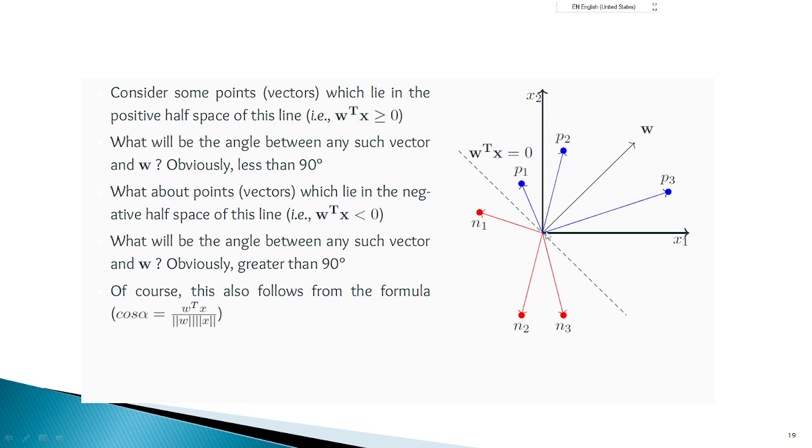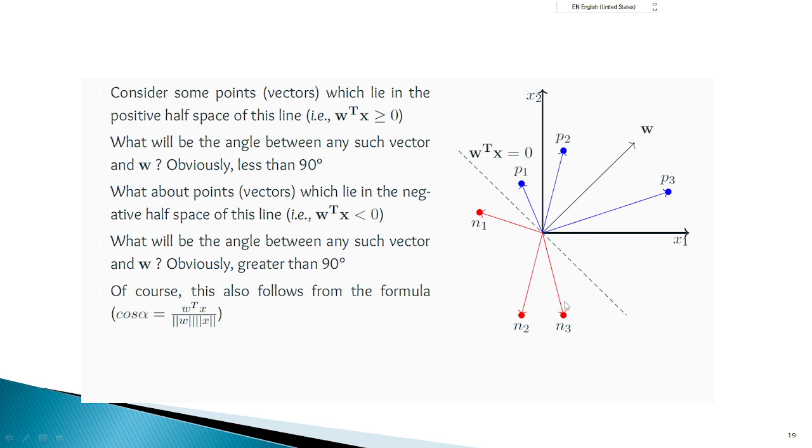The line separating W transpose X equal to 0 divides the inputs into two groups. For the inputs that produce 1, P1, P2, P3, the angle between W and those inputs will be less than 90 degrees.